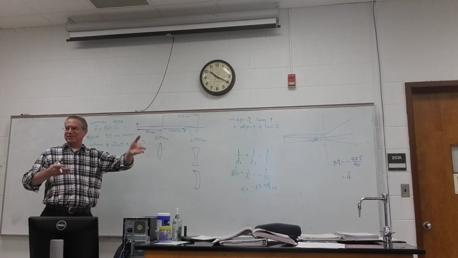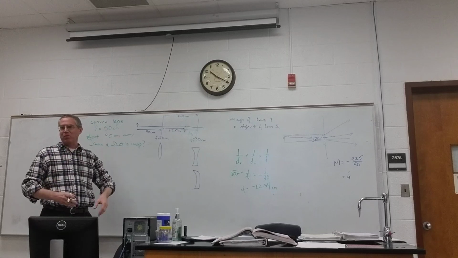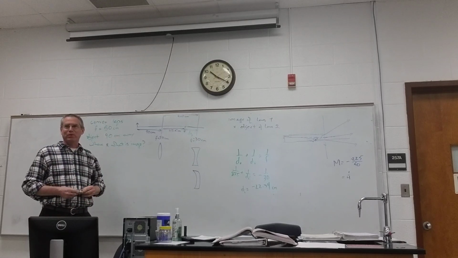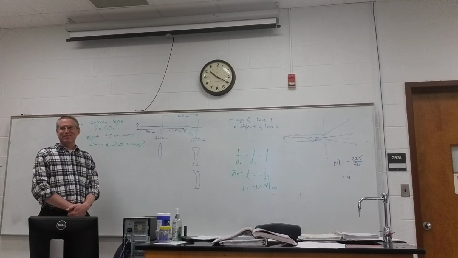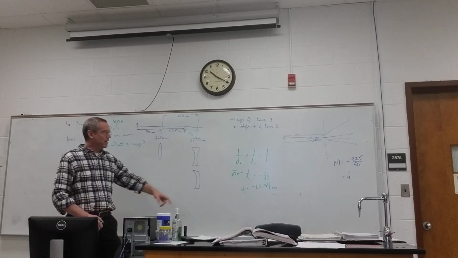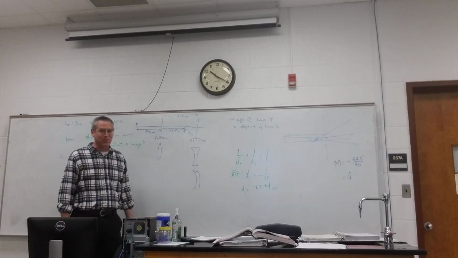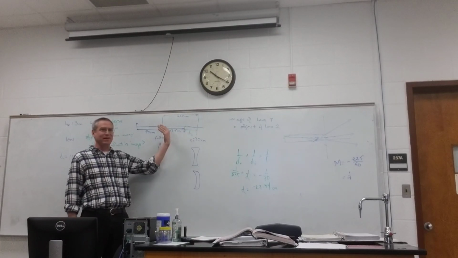So Christian is willing to stand out there and make a statement about where he thinks it's going to be. Anyone want to back him up or refute him? I'll back him up. What was the question again? Where is the image going to be? We got a negative 22.34, so the question is where it's going to be. Lisa's willing to say it's on this side.